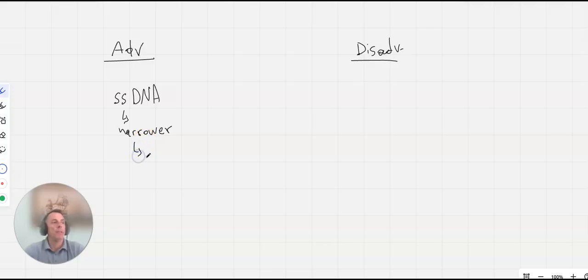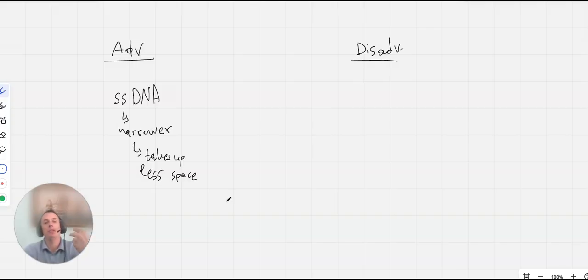And because of that, it takes up less space inside the protein coat of the virus. Double-stranded DNA is 2 nanometers wide, so a single-stranded DNA would only be 1 nanometer wide.